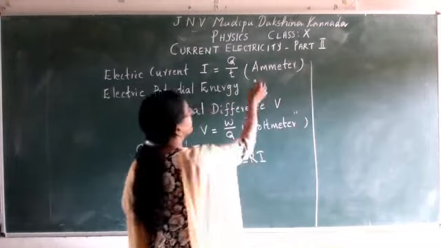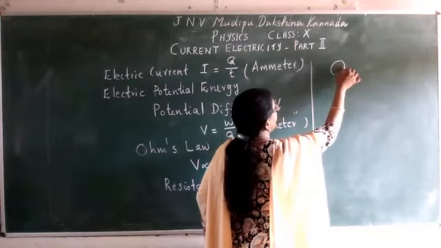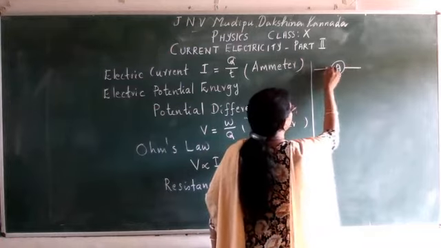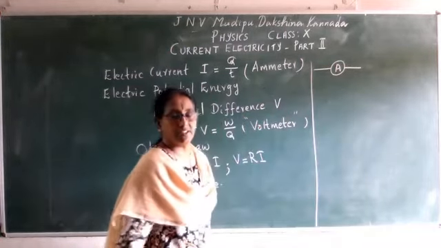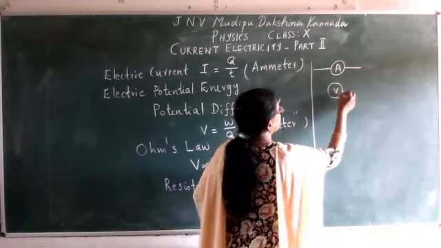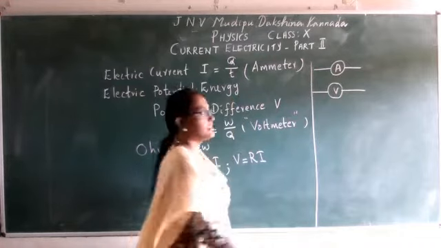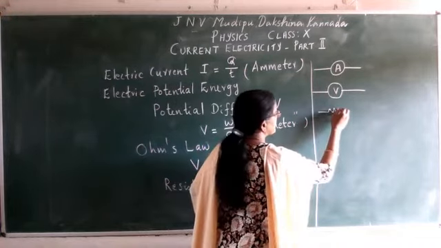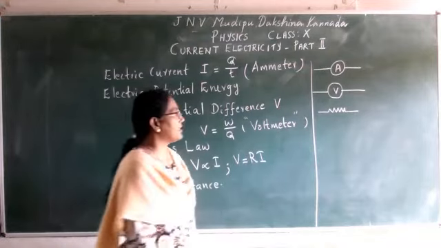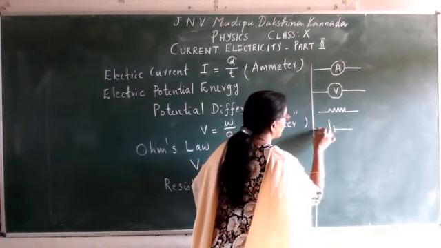This ammeter usually will be referred to in a circuit as the letter A inside a circle with two terminals, and the voltmeter will be referred to as V inside a circle with two terminals. A resistance will be symbolized with a zigzag line, and the cell will be denoted with a big line and a small line.